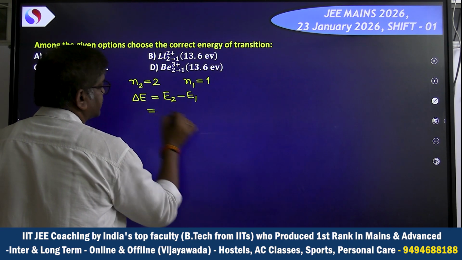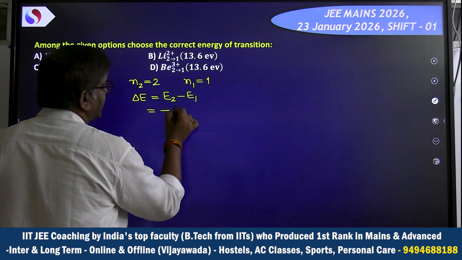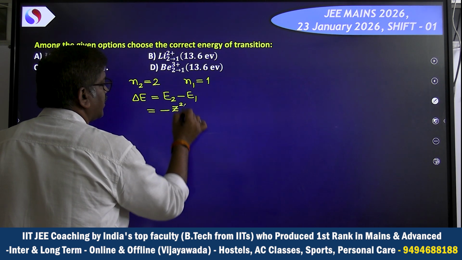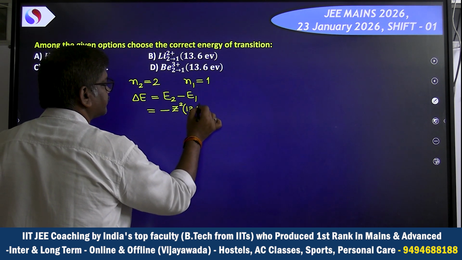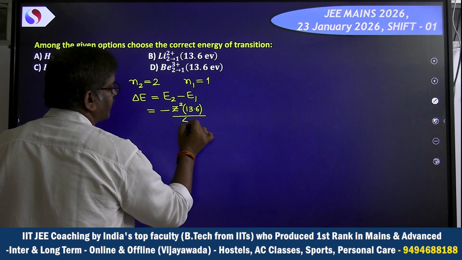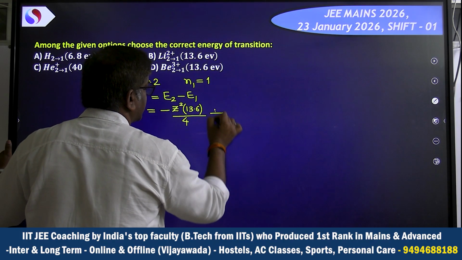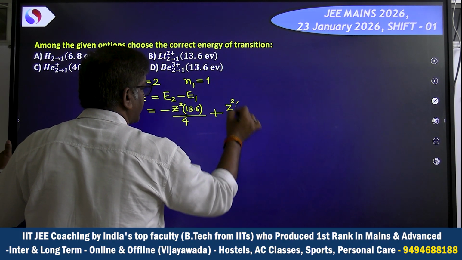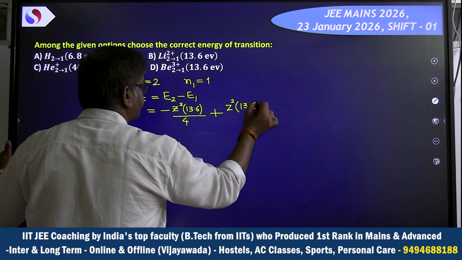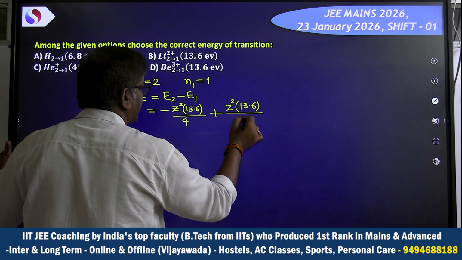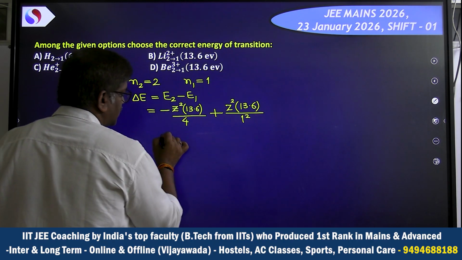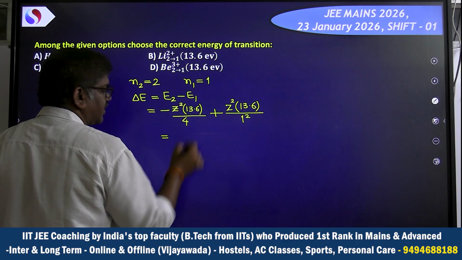hydrogen-like atom, for which this is going to be minus Z square into 13.6 divided by 4, because it is 2 square, minus minus becomes plus, that is Z square into 13.6 divided by 1 square, which is 1. So 1 minus 1 by 4 will give you 3 by 4.